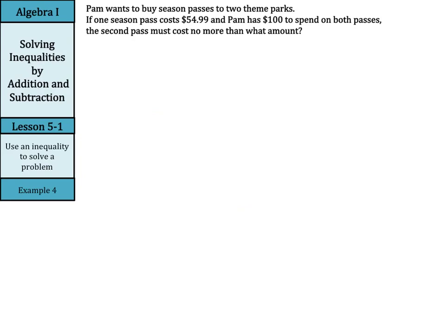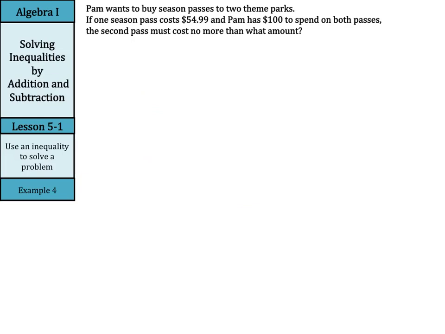Pam wants to buy season passes to 2 theme parks. If one season pass cost $54.99, and Pam has $100 to spend on both passes, the second pass must cost no more than what?